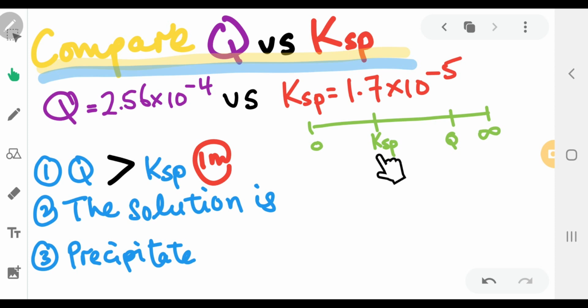And do remember, KSP is constant, and the one that will try to move is the reaction towards the value of KSP, so the reaction moves towards the solid side.